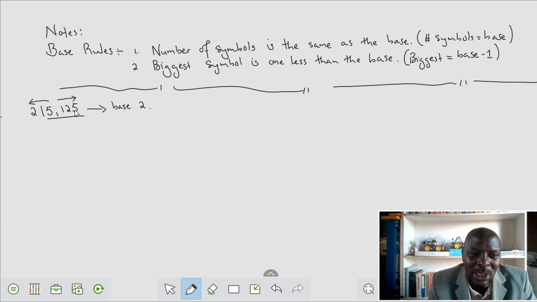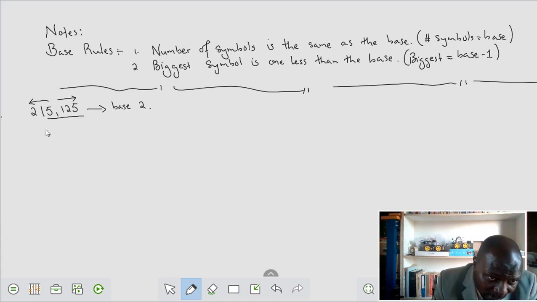If I lose this 1 here, I've lost more than if I lose that 5, because I will still have comma 1 2, which is not very far from comma 1 2 5. But if I lose comma 1, then I will have comma 0, which is way further. So our most significant is immediately after the comma, whereas in this case our most significant was furthest from the comma.